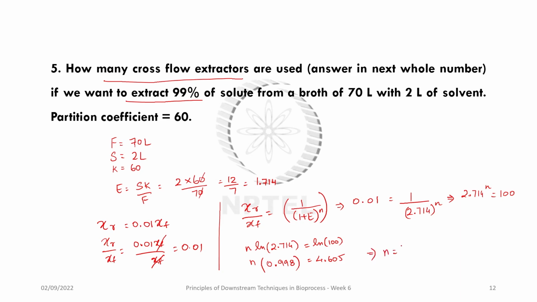N is equal to 4.605 divided by 0.998, which gives us 4.6, but we cannot have 0.6 of an extractor, right? So we're going to round off to the next whole number, which is 5. Is that clear? Does anybody want me to repeat?